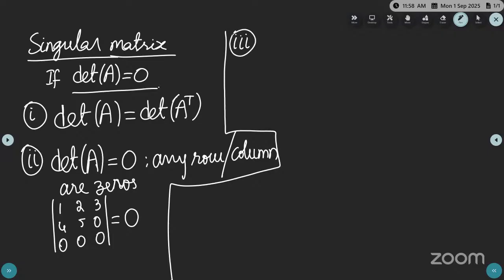The determinant of any square matrix is 0 if any two rows or two columns are identical.